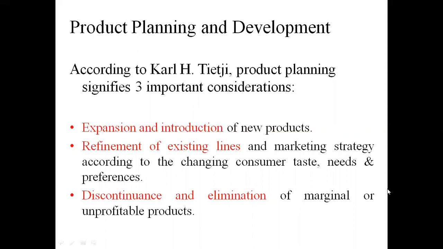Product planning comprises all activities starting with the concept of a product idea and ending up with the full scale introduction of the product in the market. It is a complex process actually, and it requires a lot of coordination between different departments of the firm. It is intimately related with technical operations of the organization, particularly with engineering, research and development departments.